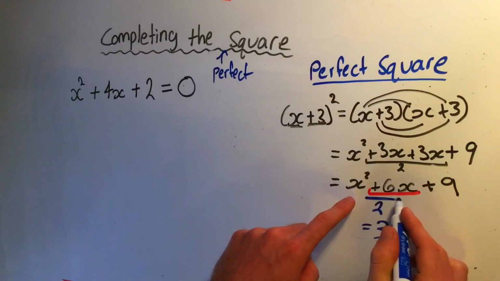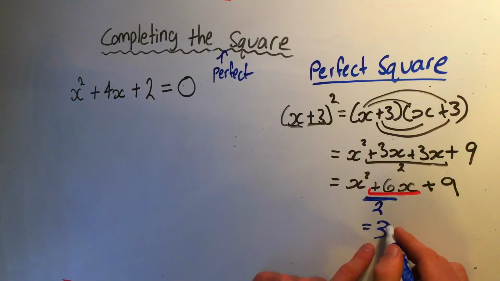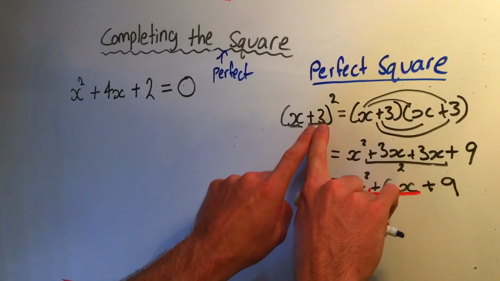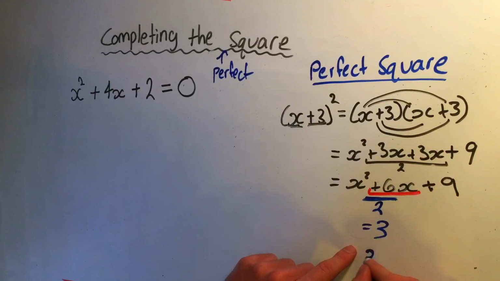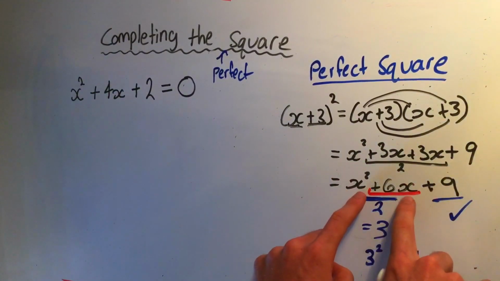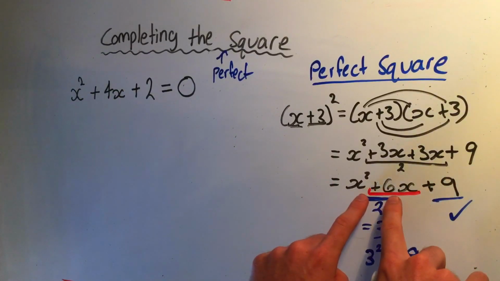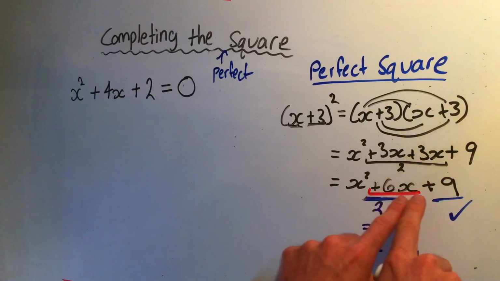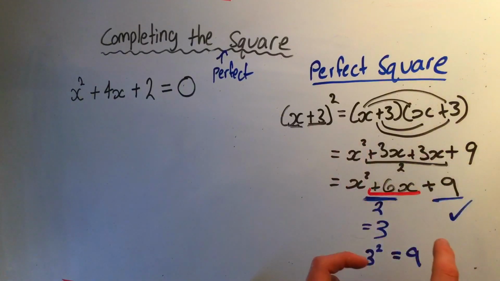So half of 6, 6 over 2, equals 3. And then if I square that, because the last term is always just going to be 3 squared, which is 9, that's 9. So therefore, that is a perfect square. In other words, if half of the number next to x in the middle term, squared, is the last number, then you've got a perfect square.